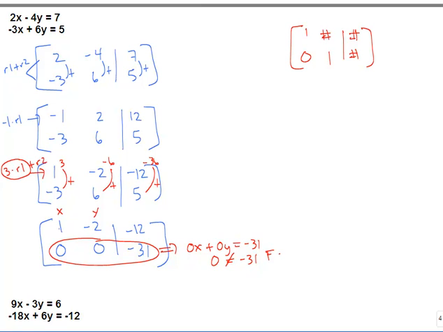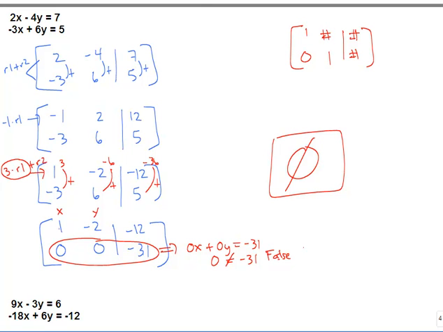So this is a false statement. Anytime you get a false statement, that means no matter what you were to pick for x or y, there's no way we can make this become true. 0 is never going to equal -31. So if there's no solution for x's and y's, then there's no solution for the entire system.